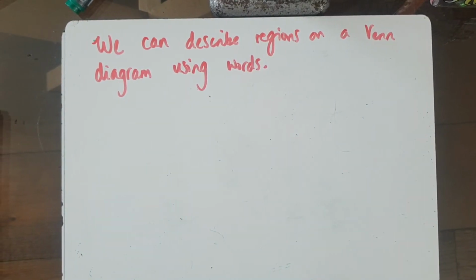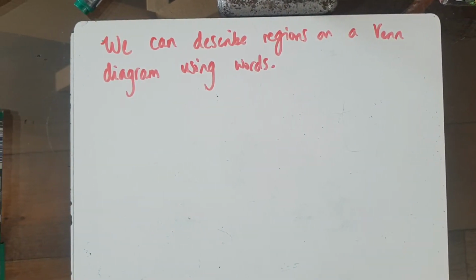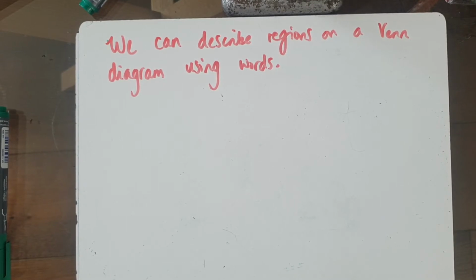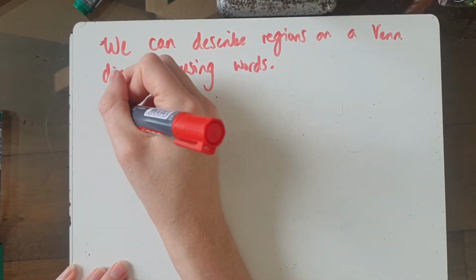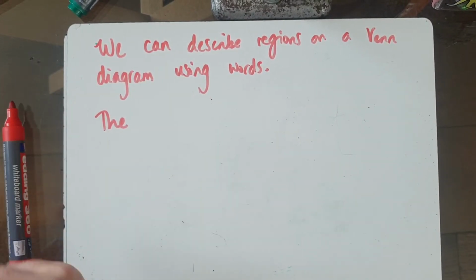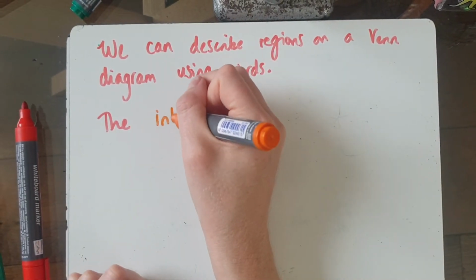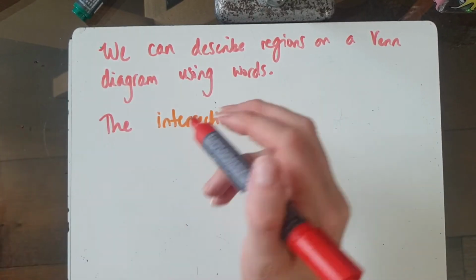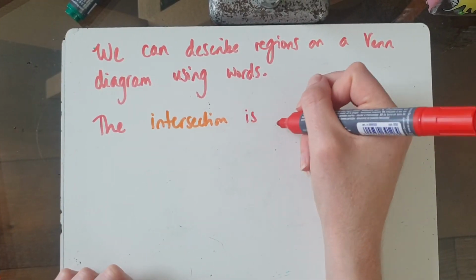There are three words: intersection, union, and complement. So the first one we're going to do is the intersection. Is where two sets overlap.